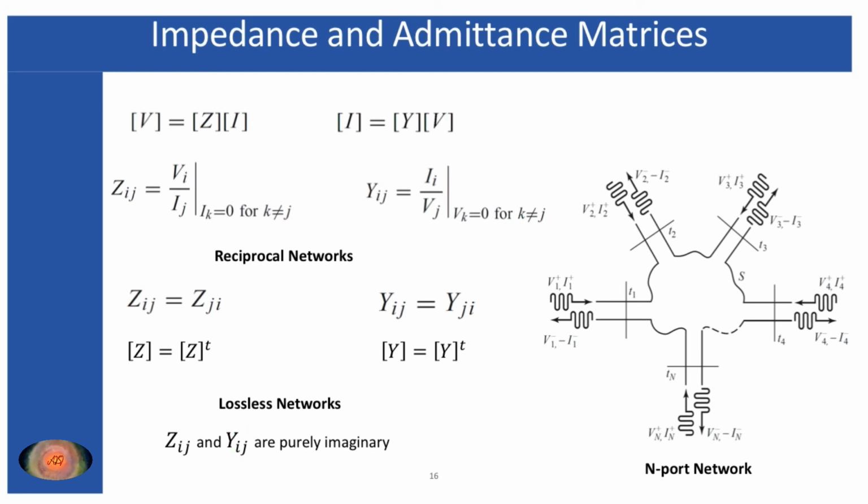So a lossless network will be one for which no loss takes place, and in order to ensure that, the impedance matrix or the admittance matrix must be purely imaginary with zero real part. That is why a lossless network is defined with these matrices or elements of these matrices having purely imaginary parts.